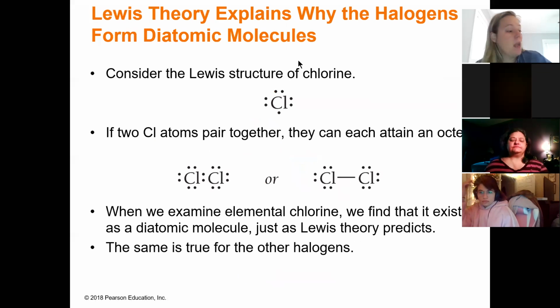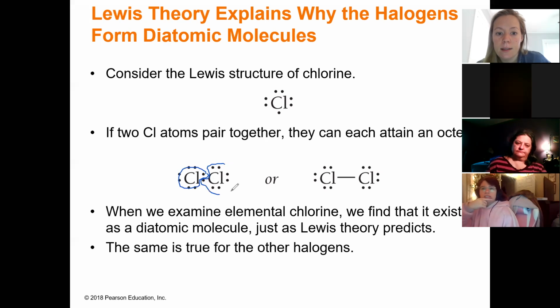So now we can explain why the diatomics do the things that they do. So think about chlorine. Chlorine on its own has 7 valence electrons. It's really close to being a full octet. When chlorine is just by itself, it will combine with another chlorine to create an octet, because we can see this chlorine here brought these 7 electrons, and this chlorine here brought these 7 electrons.